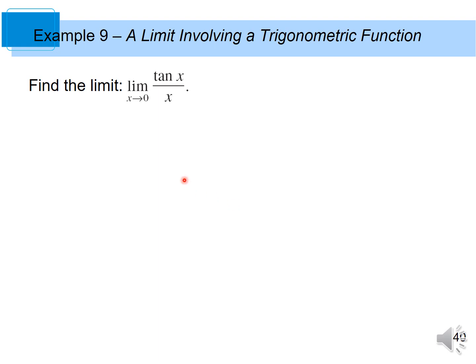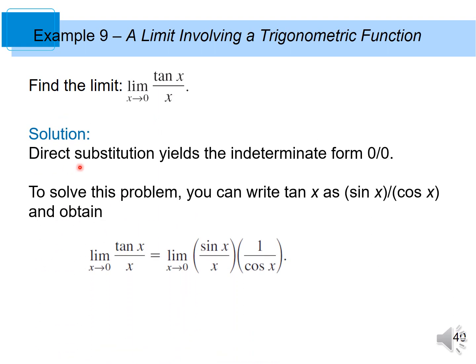Look at this example. Find the limit of tangent x over x when x tends to 0. Direct substitution produces the indeterminate form 0 over 0 because tangent 0 is 0, and when x equals 0, we have 0 over 0.